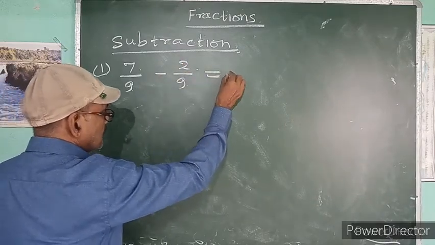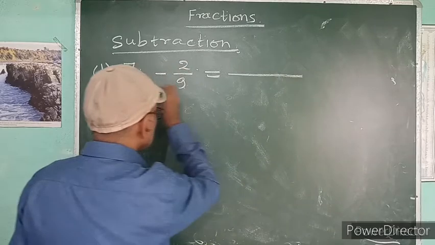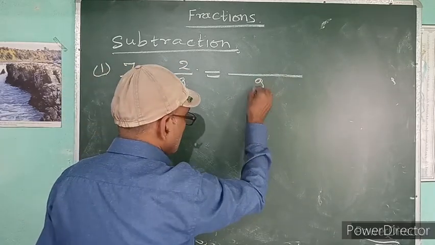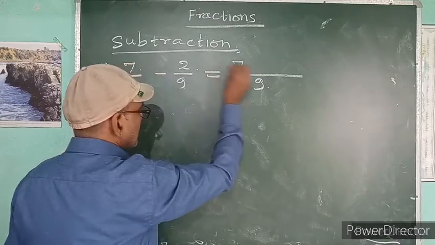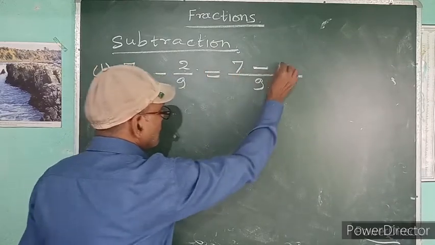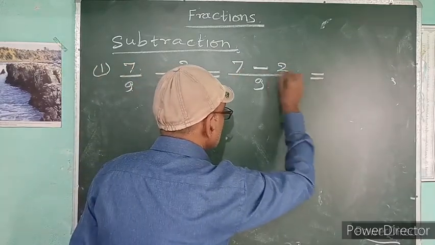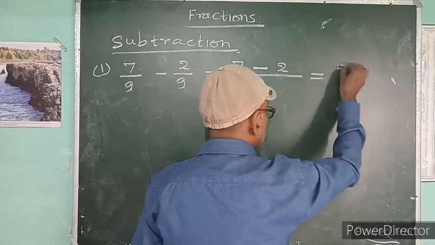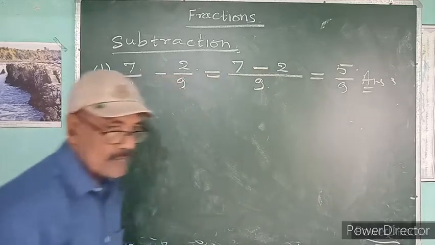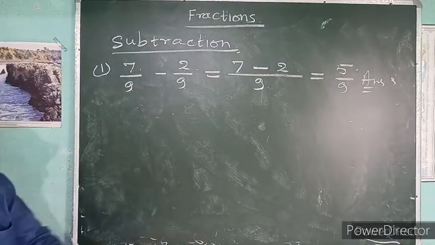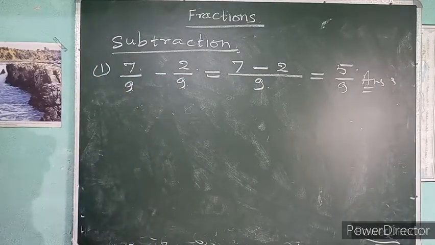Here the denominators are common. So write down 9, put 7 here straight away, minus, then 2. So the answer is 5 by 9. Straight away you can take down the answer, 5 by 9.